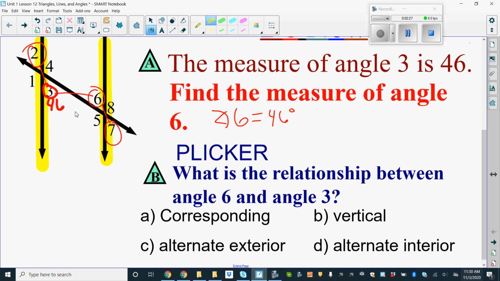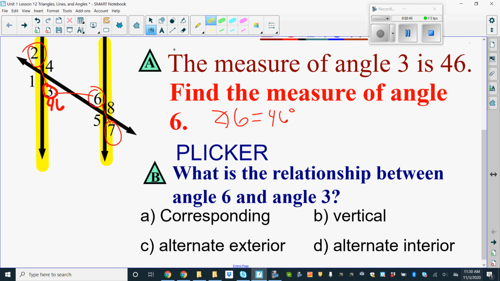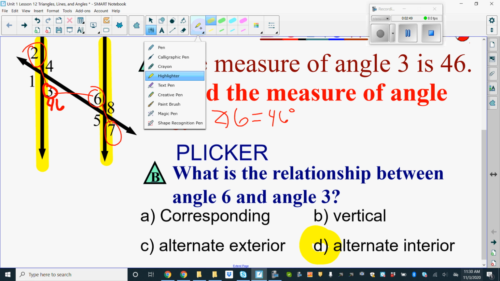Remember, we think of the parallel lines like a sandwich. The parallel lines are the bread, and 3 and 6 are all the ingredients you want to put on your sandwich in between it. So those are your interior angles, and they're on alternate sides of the transversal. So the relationship is D, alternate interior angles.